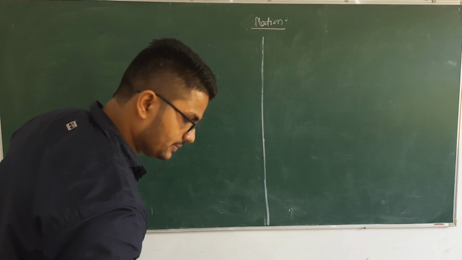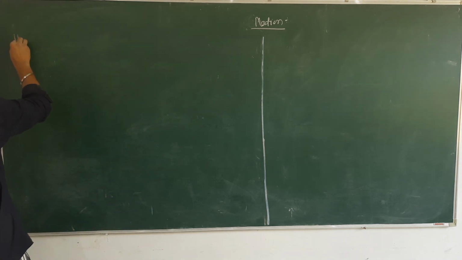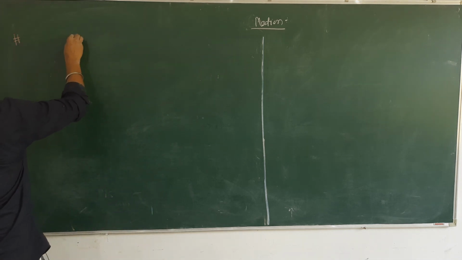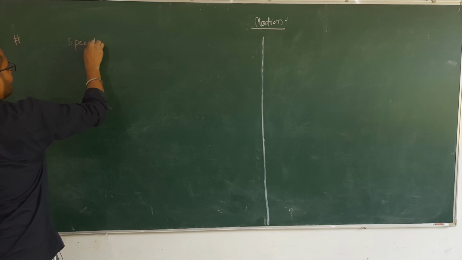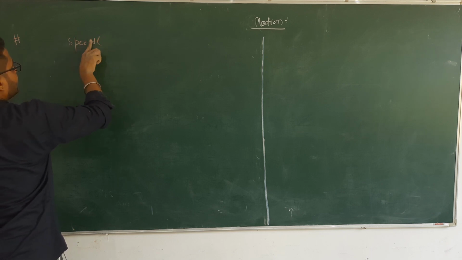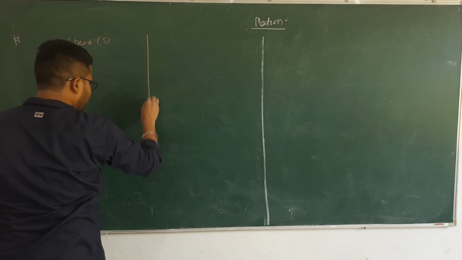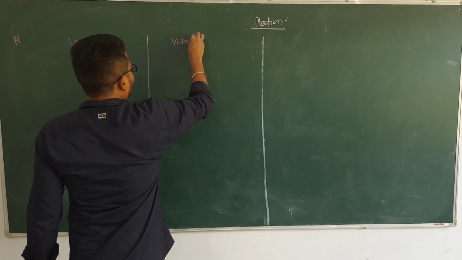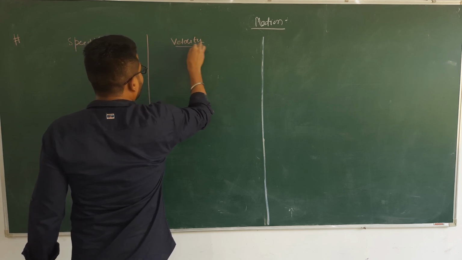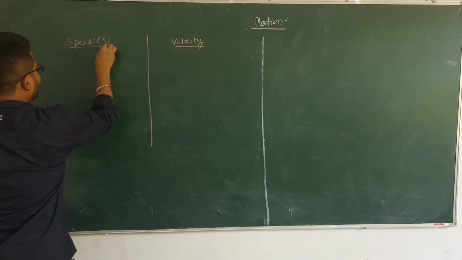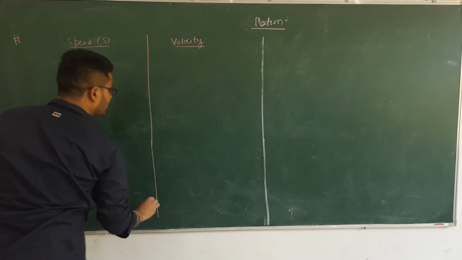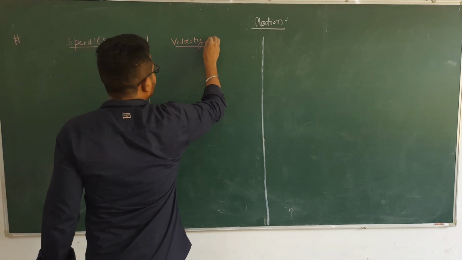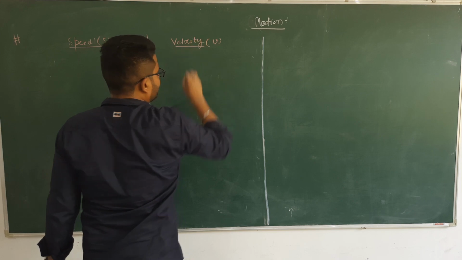Here one heading is speed, represented as s, and another heading is velocity. The velocity notation is v.